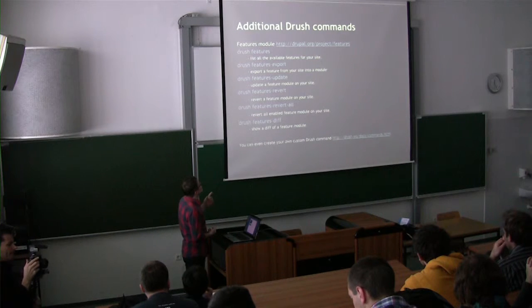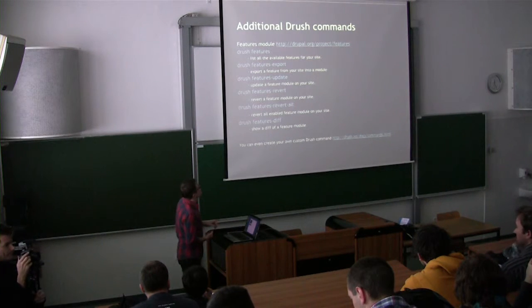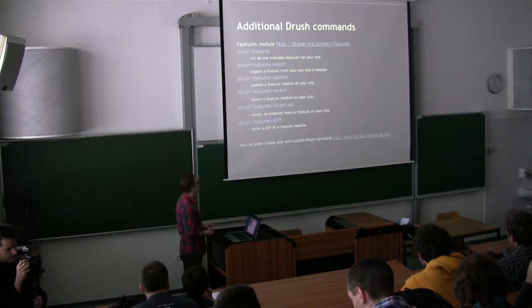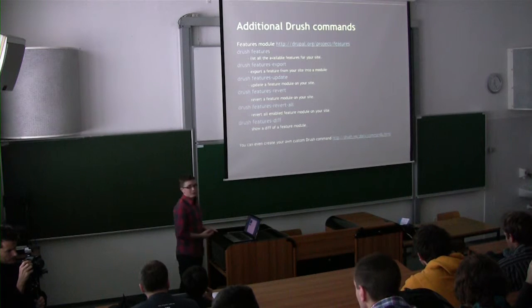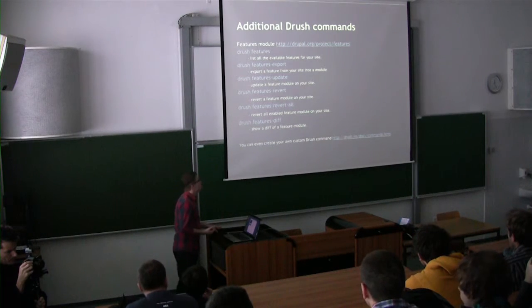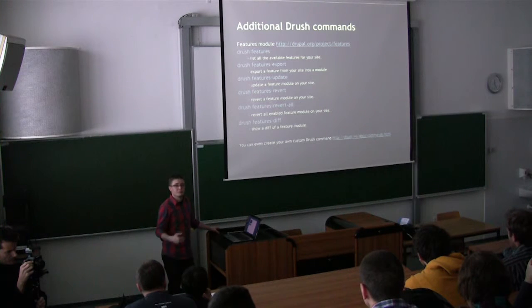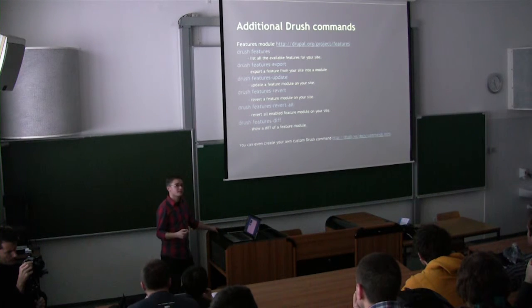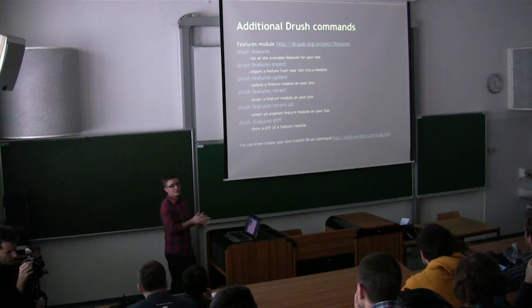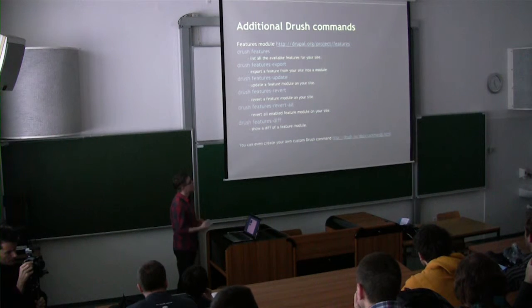I prefer to use the features module from the command line because it's much faster. When you, for example, open the features page in your Drupal, it will query all the features on your database and check what is the status of those edits. So if there are some new edits, if the edits that you applied are overridden or not.